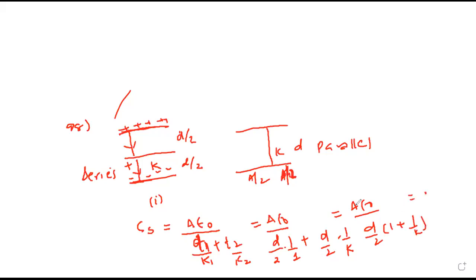So this 2 will go up: 2 times A epsilon naught upon D into 1 plus 1 upon K. So K will go up, I will get 2A epsilon naught K upon D into K plus 1. This is the first formula for series combination when a dielectric divides the distance. Just copy this much.